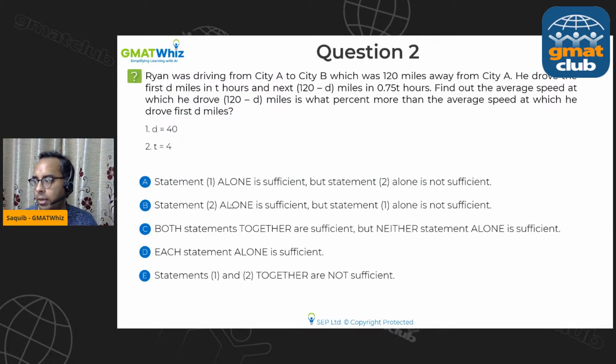Here's the next one. Again, take 2 minutes, solve the question. Don't put your answer in the chat box. I'll let you know when your time's up. Okay, try out this one.